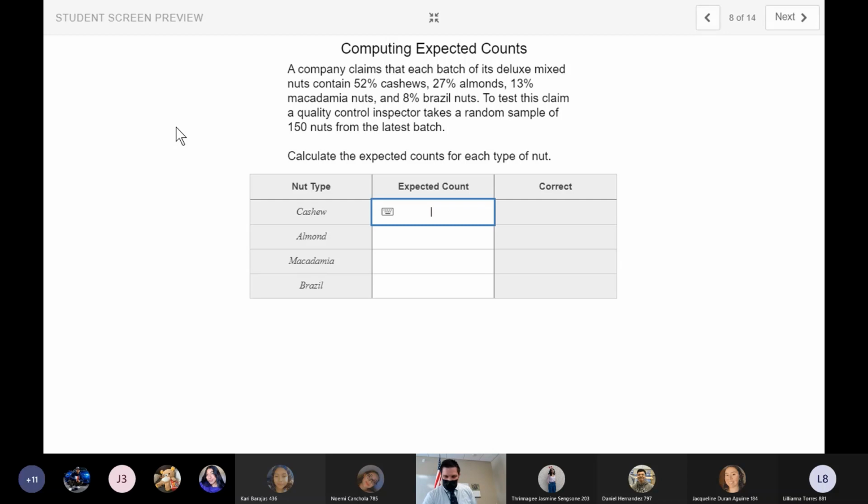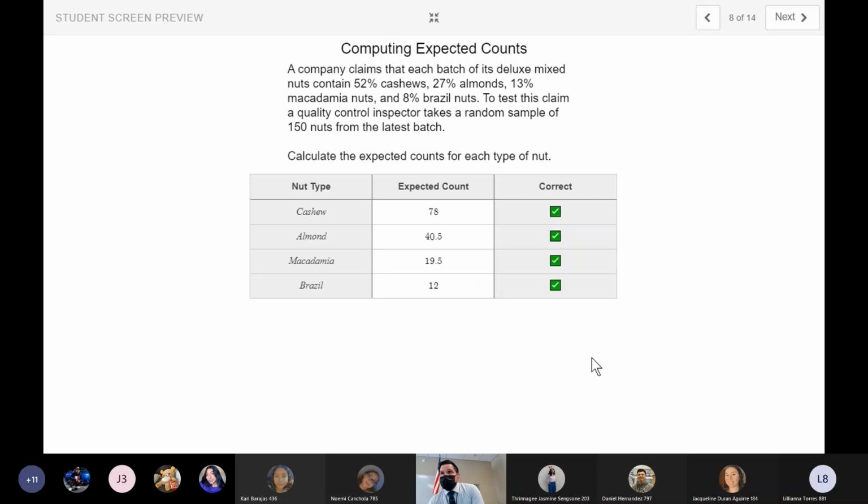So that ultimately gets us 78, 40.5, 19.5, and 12. So if their claim is correct, we would expect on average to have about this distribution of nuts in a set of 150.